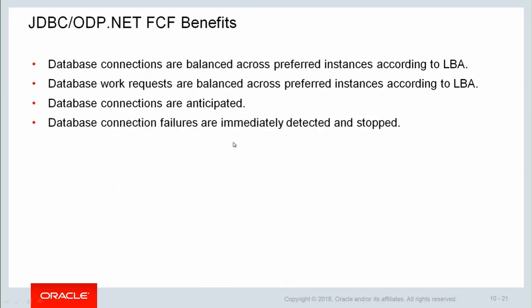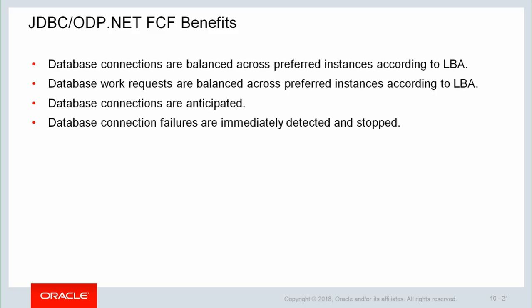And what is the benefit of JDBC and .NET fast connection failover? Okay, so if the component status changes behind the scenes, without having to wait for a TCP timeout, the application can clean up invalid connections and reestablish connections to the existing instances.